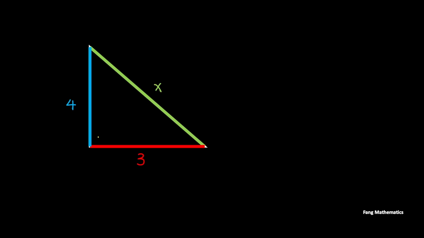Moving on, we are going to apply the Pythagoras Theorem to find the third length of a right-angled triangle. Let's recall the theorem: a squared plus b squared is equal to c squared. Now let's identify our a, b, and c. a is 3, b is 4, and c is x, an unknown.